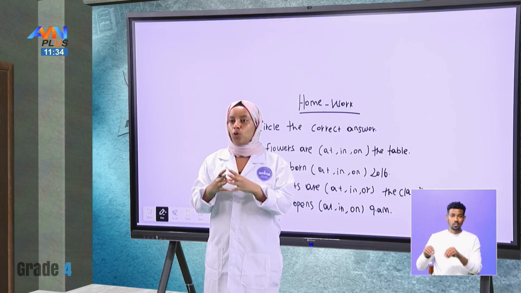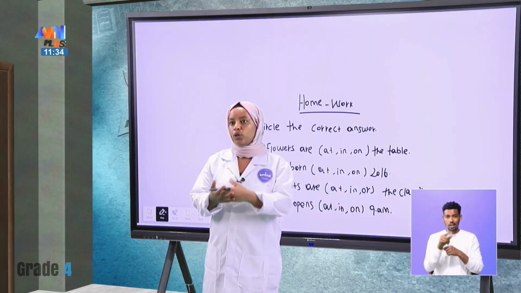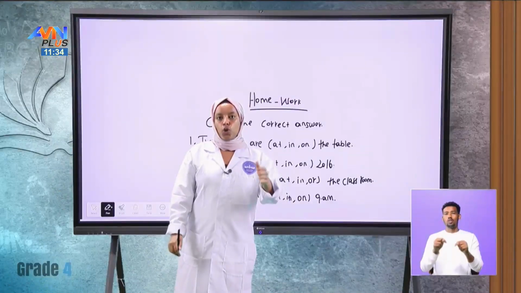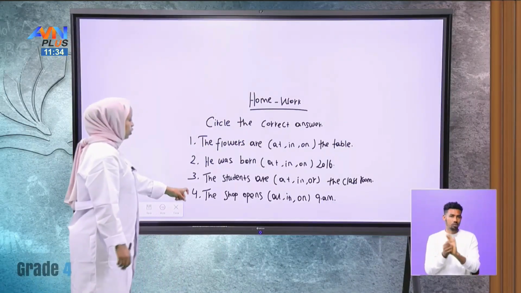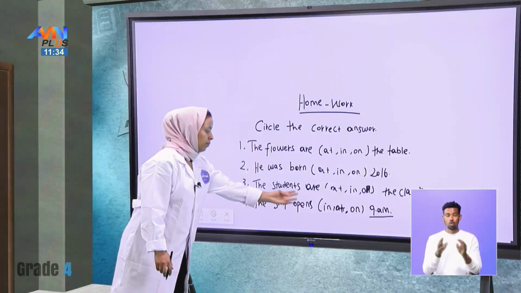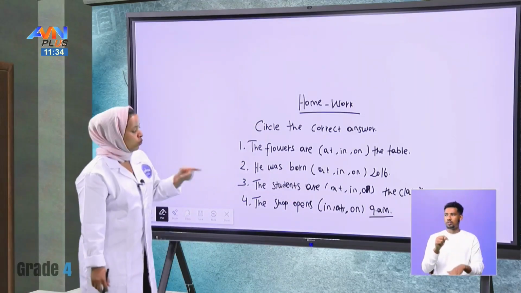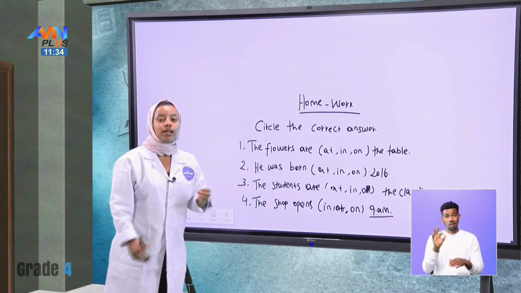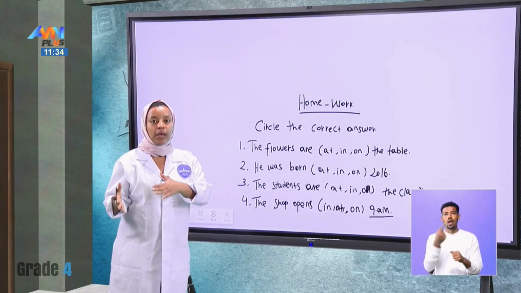Students, here is your homework. Let me give you one answer, and you keep going and try to finish your homework. Depends on the example. The shop opens. Here is a blank in, at, or on. And also 9 a.m. Students, as I mentioned before, we can use at for specific time and place.